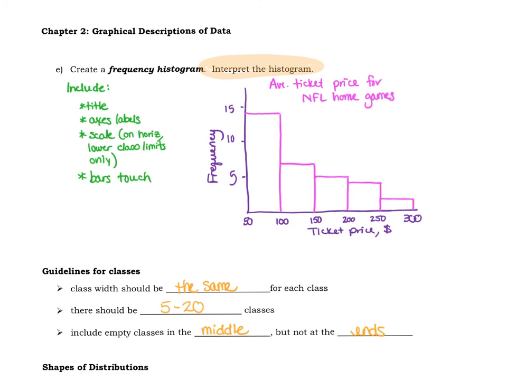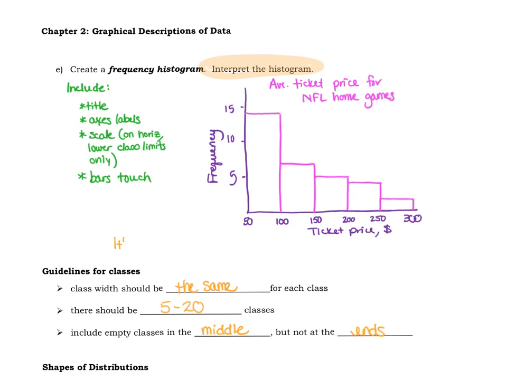And so again, lots and lots of different things that you could potentially say based on the histogram. You could say that it's most common to have an average ticket price between $50 and $100. You could say it's not common at all for the average price to be higher than $250. Again, write a sentence of some sort that summarizes that.